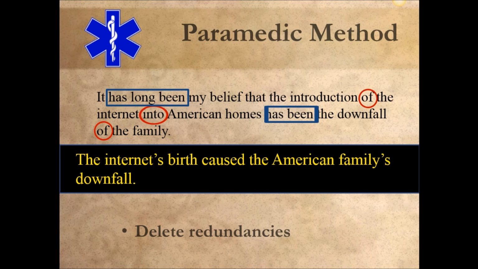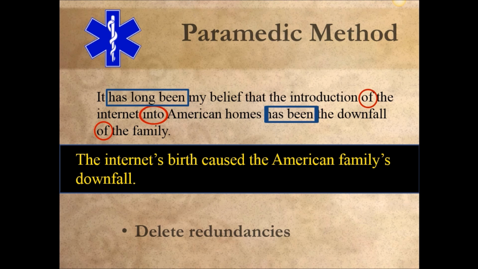Finally, you want to delete redundancies, and in this case, we've done that by taking out the into American homes. By saying the American family's downfall, there's already an implication that we're in the American home. There's a redundancy if we say the birth into the American home caused the American family's downfall.